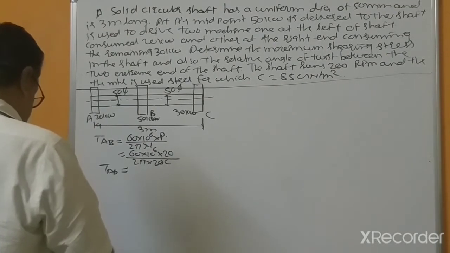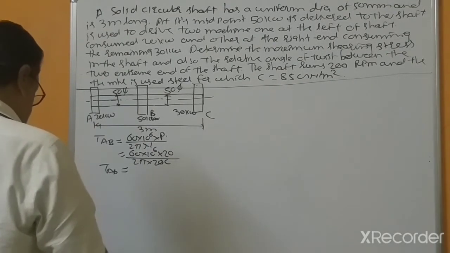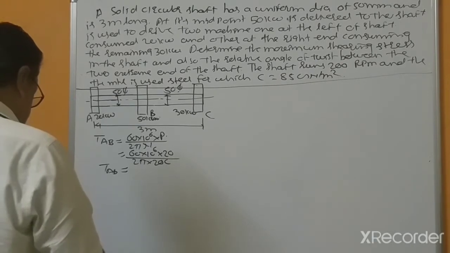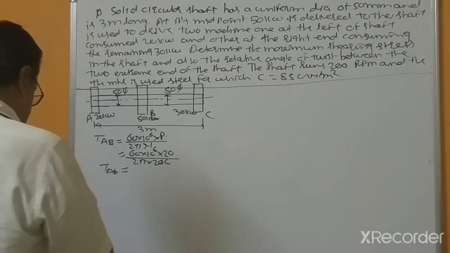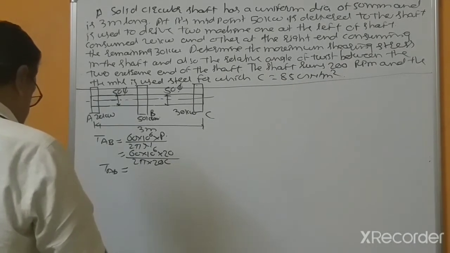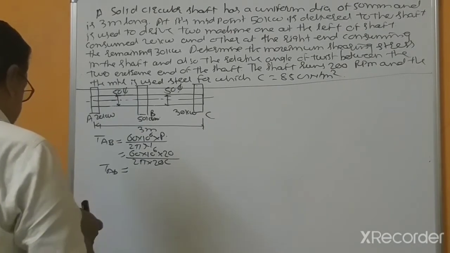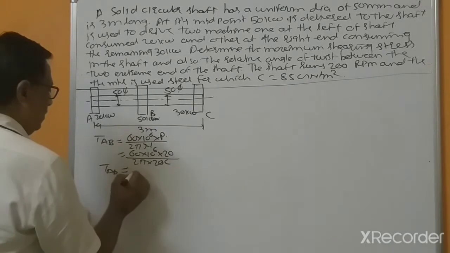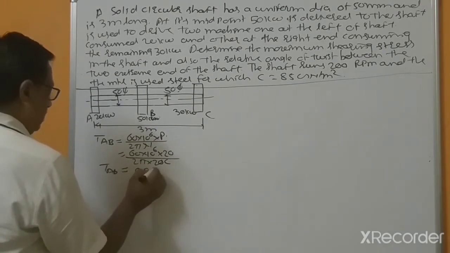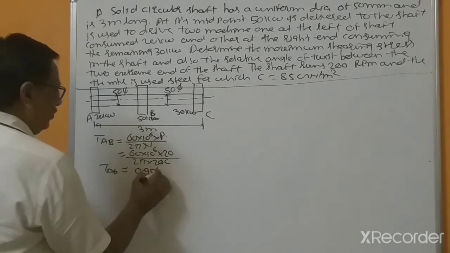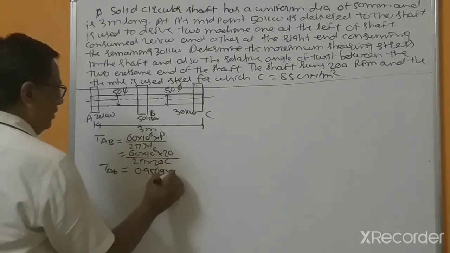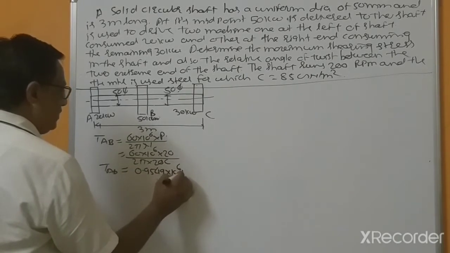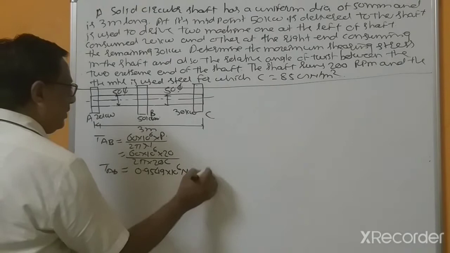So torque for AB is 60 into 10 to the power 6 multiplied by 20 divided by 2 pi into 200, which is 0.9549 into 10 to the power 6 Newton mm.